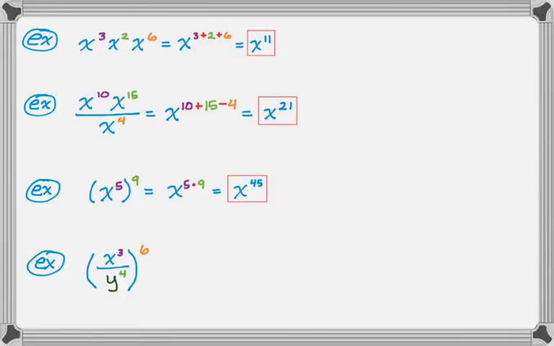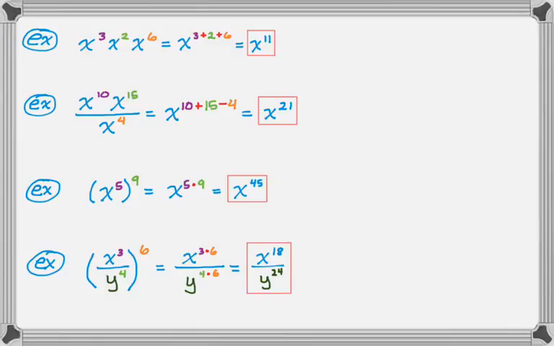In this next example, we have a quotient to a power. It's really a power to a power, but then we have a quotient. So it's going to be x to the 3 times 6 and y to the 4 times 6. Each of the numerator and denominator gets that power, and then power to a power means multiply.